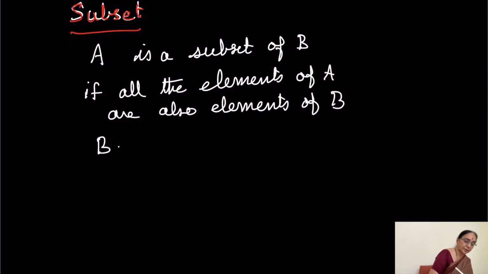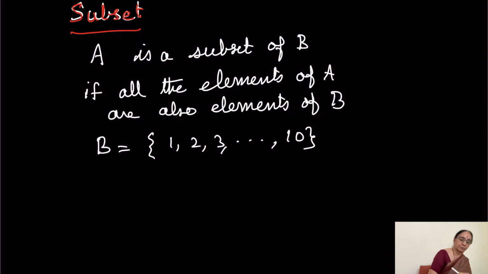B is the set which has 1, 2, 3, 4, and so on up to 10. I'm not writing all of them, I'm just writing the dots up to 10. And A is the set 2, 4, 6, 8, 10.